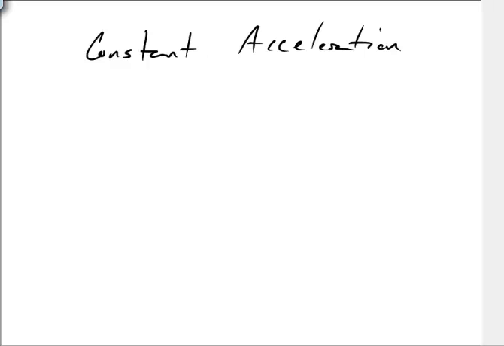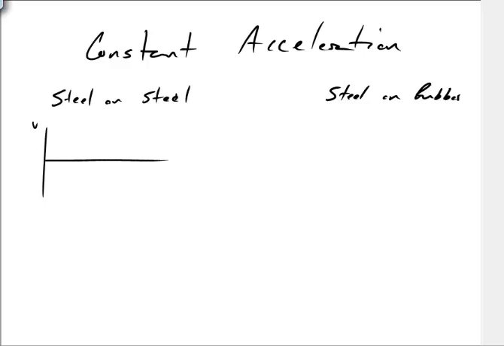If we compared the graphs of the steel on steel versus the steel on rubber, we would see a dramatic difference. It's going to be hard to sketch, but if we look at the v-t graph, it went from positive to negative in our case.